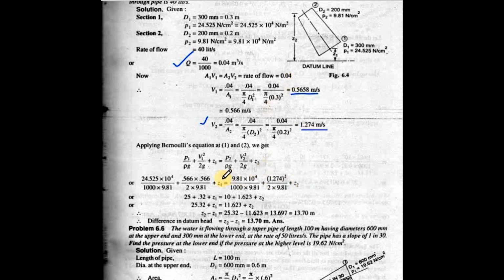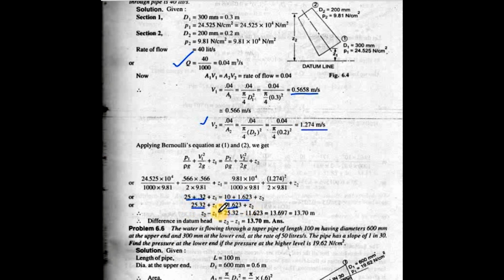So we need to find out the difference of pressure, so z1 and z2, or you can take z2 minus z1. So z1 we will take, and all the other values on the side. After evaluating this, we get this value, and after evaluating this we get this value: 25.32 and 16.623.